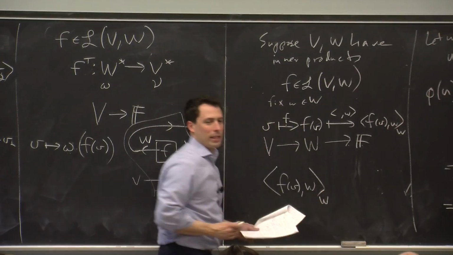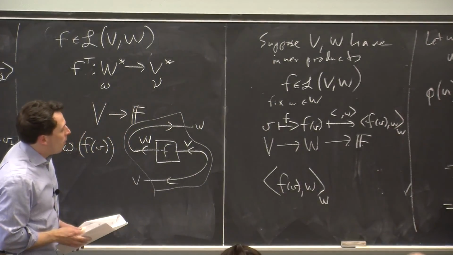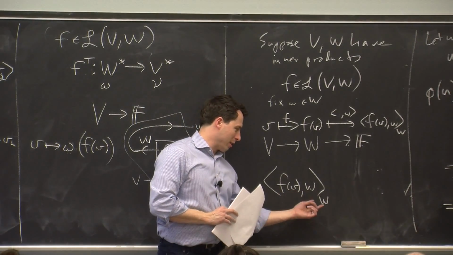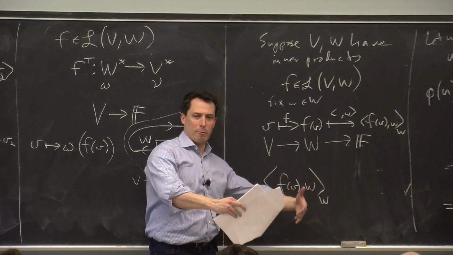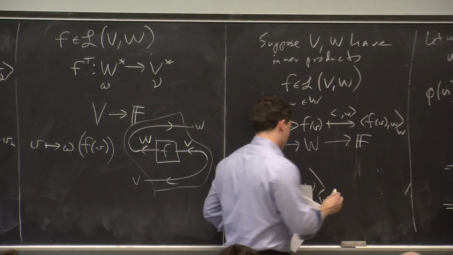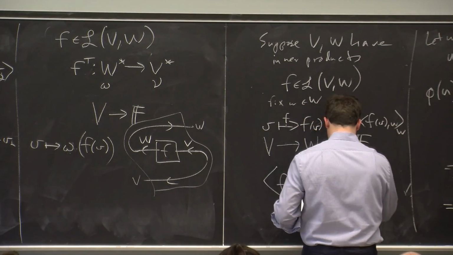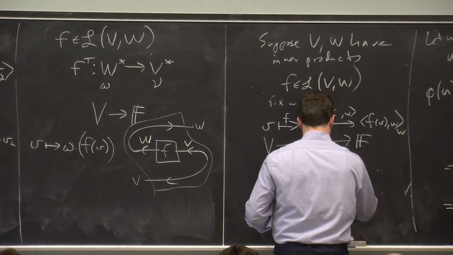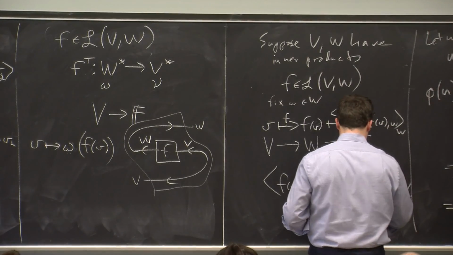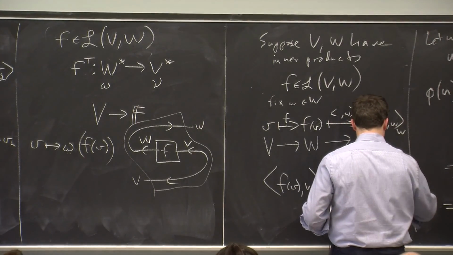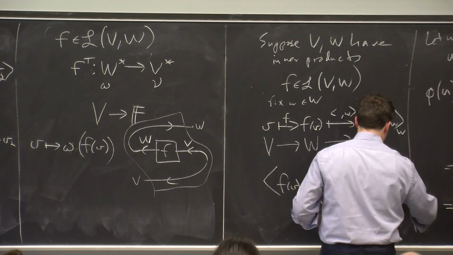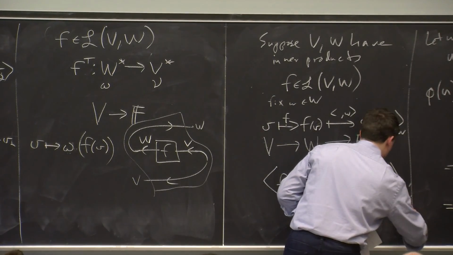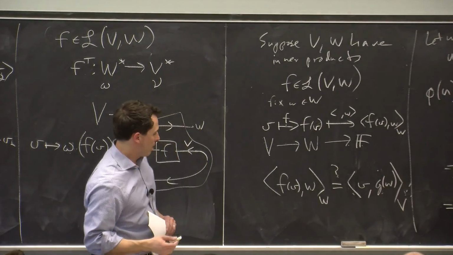The inner product is taking place in W. We're looking for a way to convert this inner product to an inner product that happens in V, kind of pull it back in time and look at it on the other side of the transformation. So we're looking for some G such that I can take G of w and the original vector V and take the inner product in V and get the same answer.